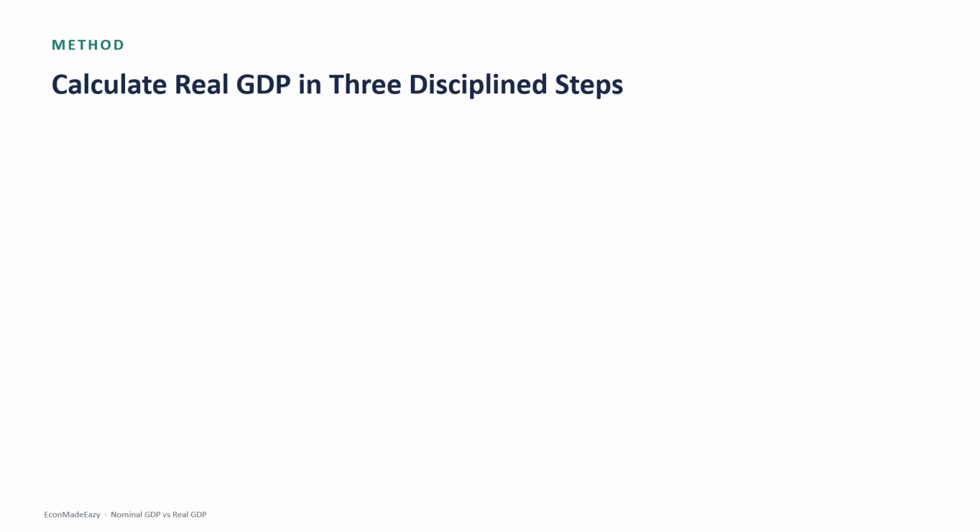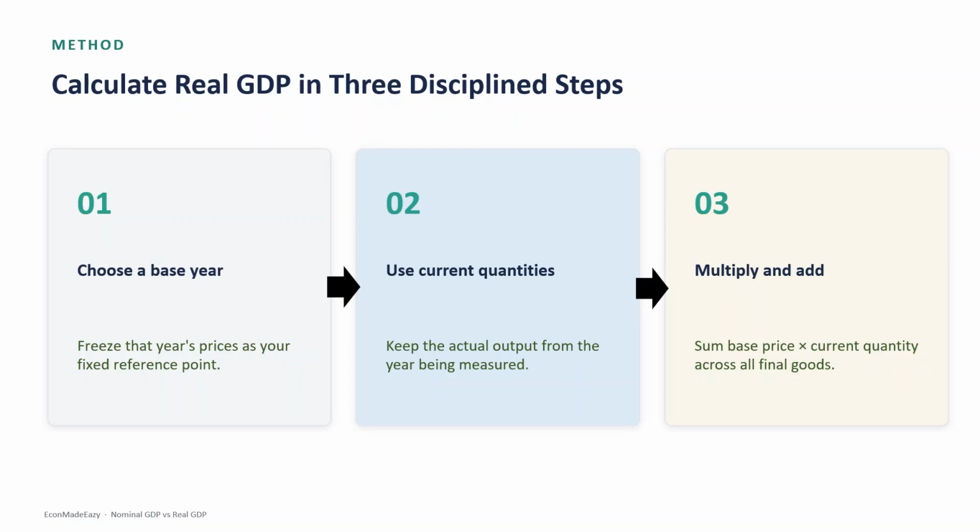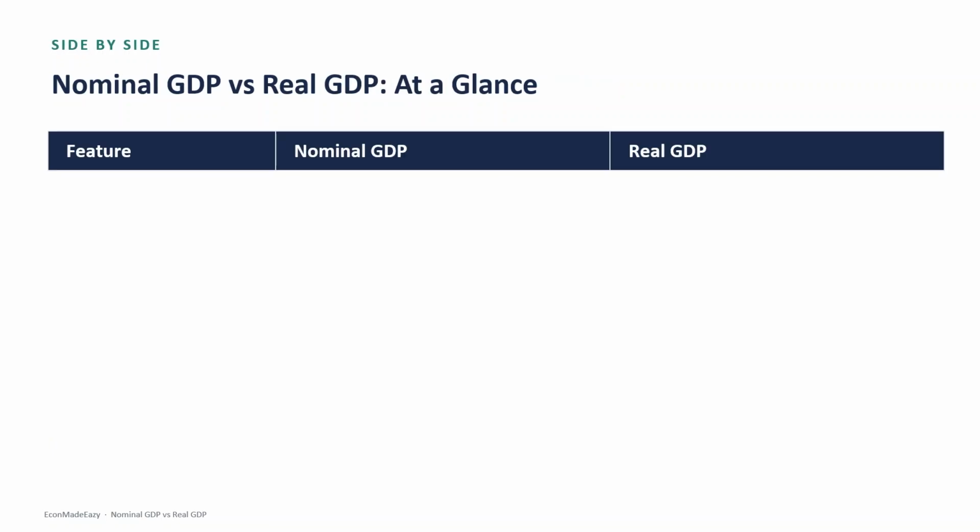Remember to calculate real GDP in 3 simple steps. First, choose a base year and freeze its prices. Next, use the current quantities from the year we are measuring. Finally, multiply base year prices by current quantities and add them up. So, the key rule is current quantities, base year prices. Now that we know how real GDP is calculated, let's see how it is in comparison to nominal GDP.